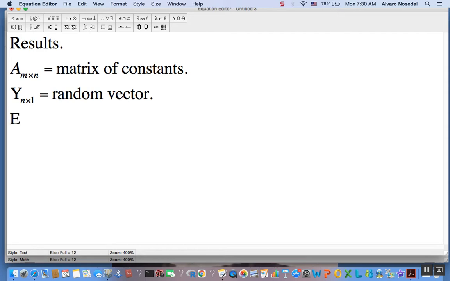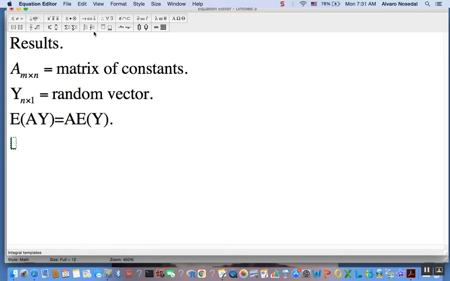So now let's talk about the expected value of A times Y. We know that it's similar to what we have seen before with random variables. You get to factor out constants. In this case, you get to factor out a matrix of constants. That's one of the results I wanted you to remember. And the other one has to do with the covariance matrix.